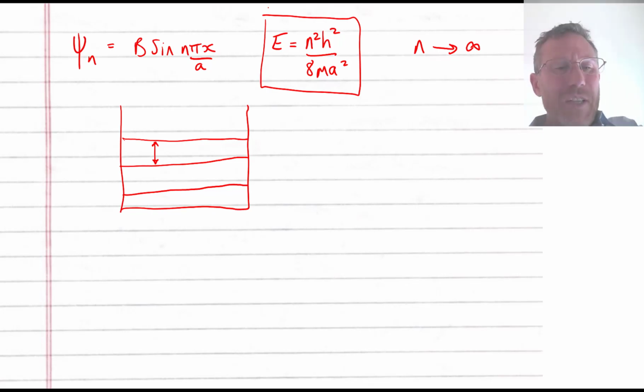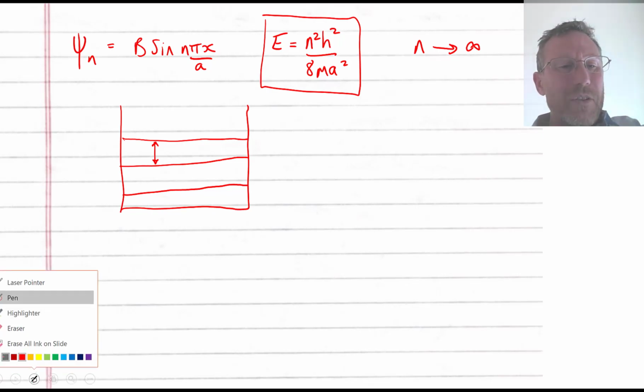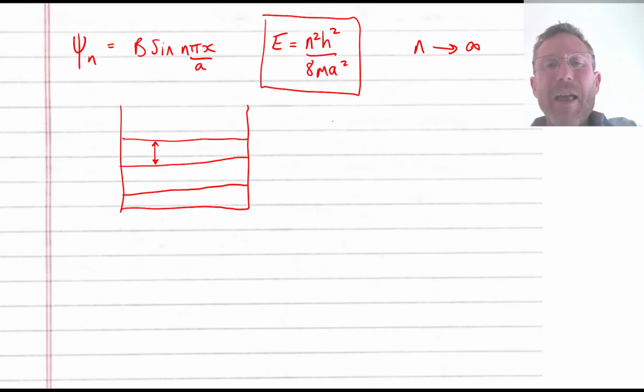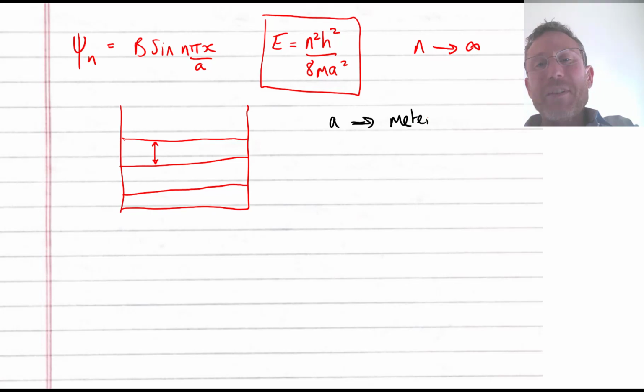But for a second here, what happens when we imagine that a gets to be really large? Maybe it tends towards infinity, but maybe it tends towards the real world perspective. So maybe what happens when a tends towards a distance that's meters? What happens if we have a tennis ball bouncing backwards and forwards inside a tennis court?